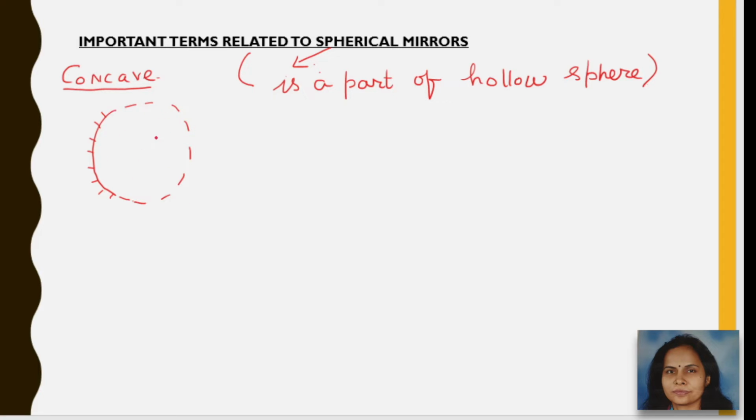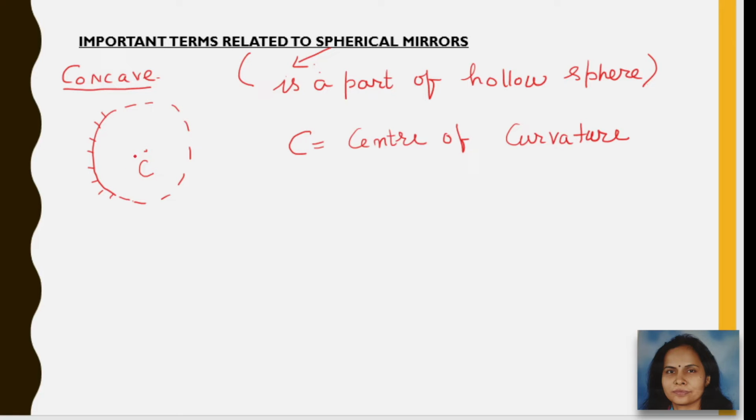So I hope I'm clear on why I'm saying that every spherical mirror is a part of the hollow sphere. Now that hollow sphere definitely has its own center, and this center is known as the center of curvature. So what is C here?